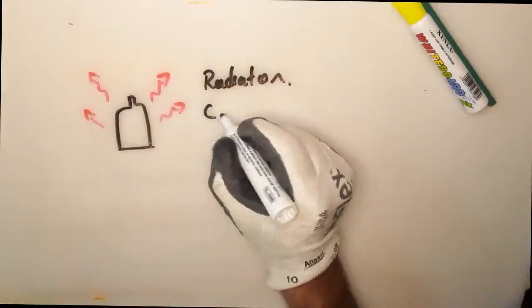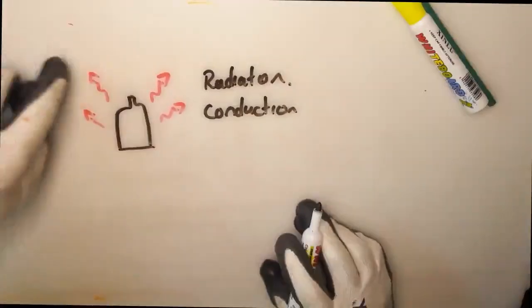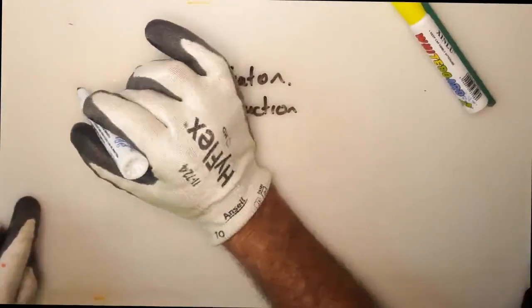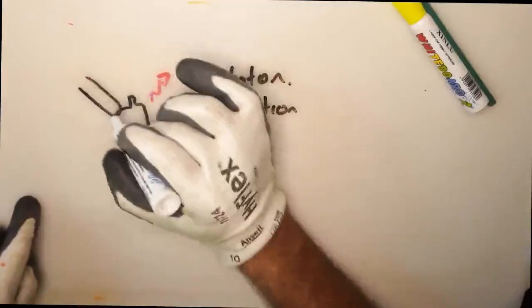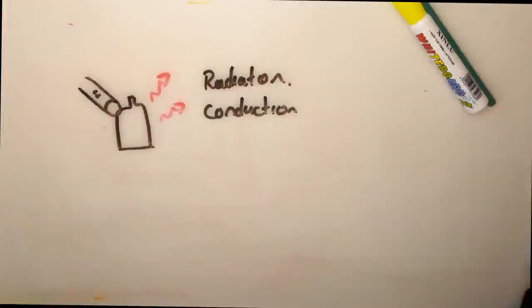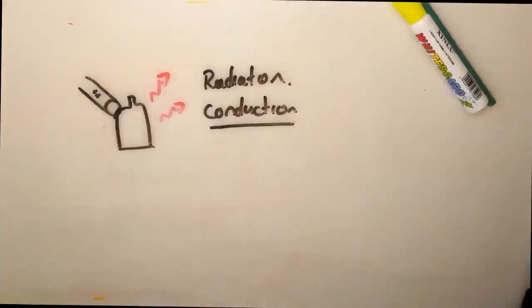If we want to talk about conduction, I'm going to try and draw a finger. If I touch the cool drink, here's my finger, that point of contact is my conduction.